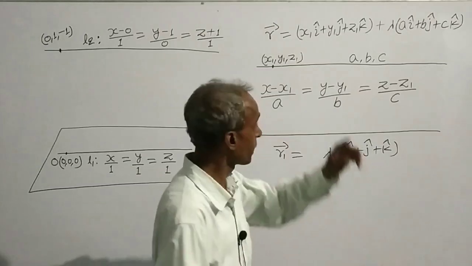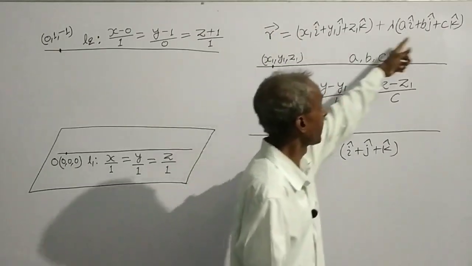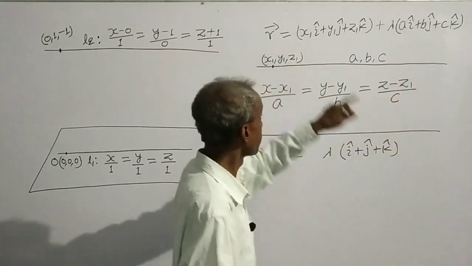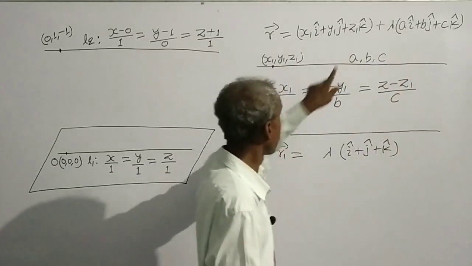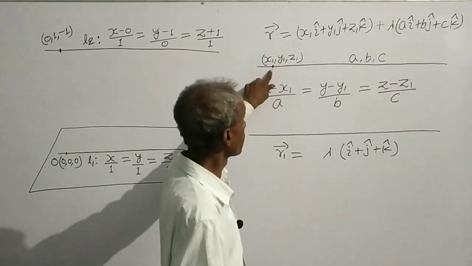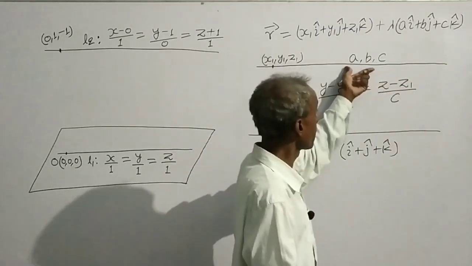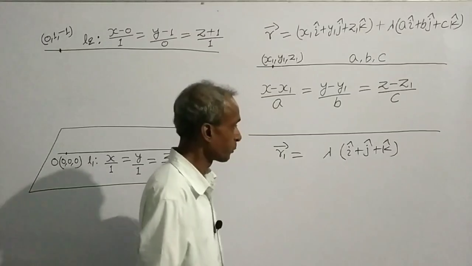That means if equation of a straight line in vector form is written like this, that means x1, y1, z1 is a point on this line and A, B, C are direction ratio of this straight line.